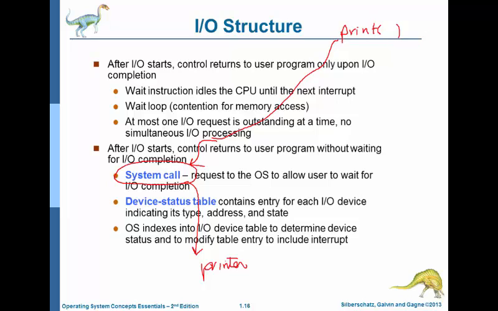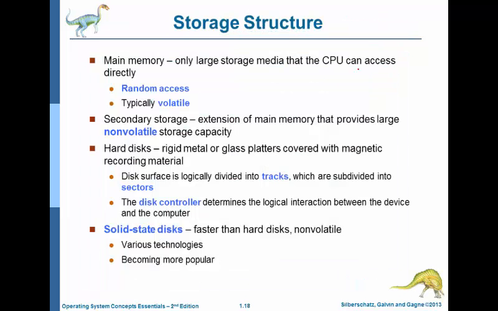Internally, this statement is interpreted and calls a system program. We call that a system call. It's like an interrupt. Then this system call looks at the device status table to see if the device is available and where it should go, and then goes to the proper device to serve this application program. That's what they do. And also storage structures. There are all other management issues already implemented.